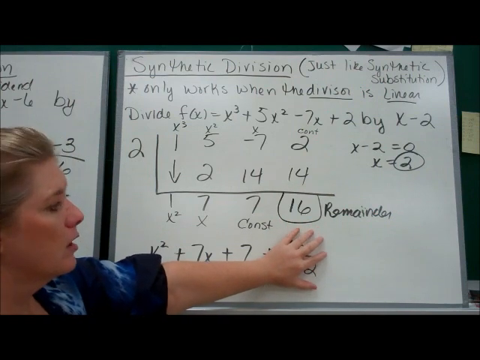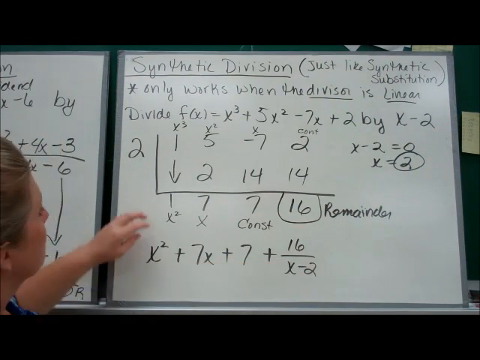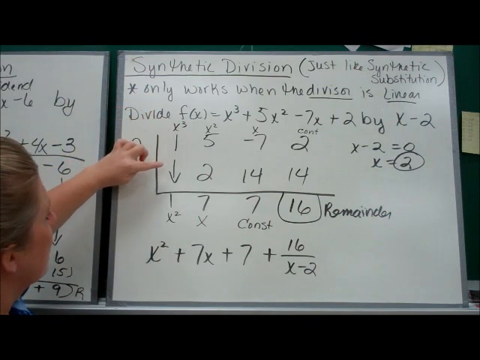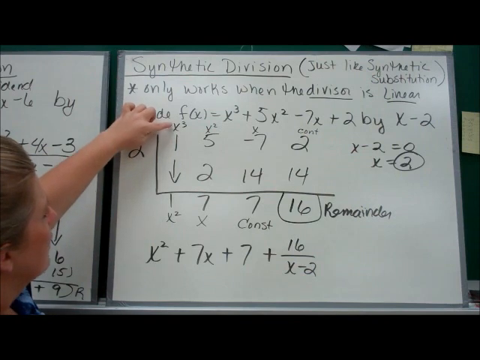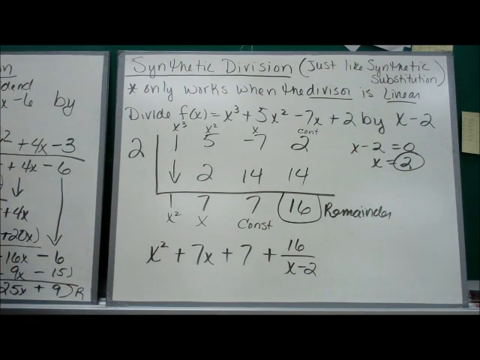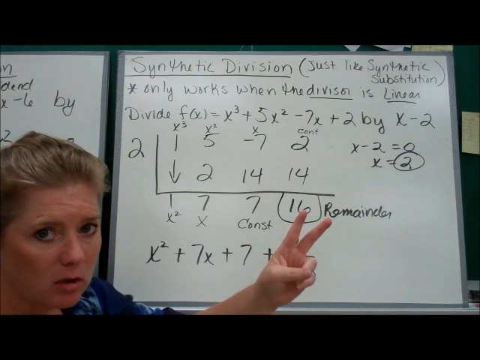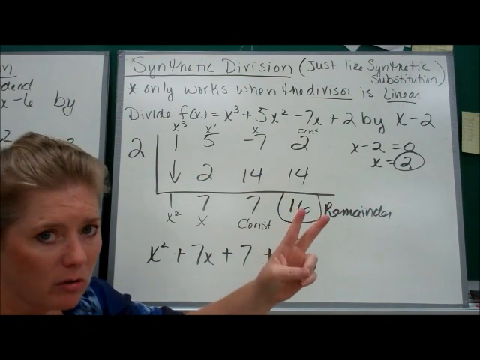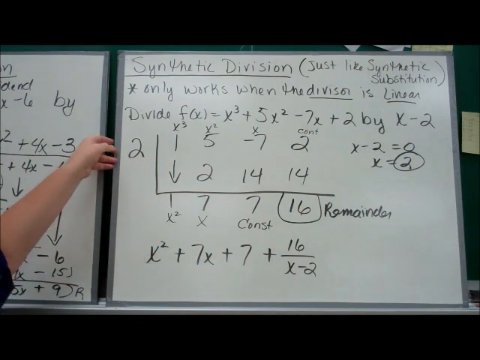If we don't look at the remainder, we're getting a polynomial for the answer. Okay? So that's the thing. When you divide by a first degree polynomial, your answer is going to be 1 less a degree. In the last problem, we took a 4th degree polynomial, we divided by a 2nd degree, and our answer was a 2nd degree polynomial. Okay?